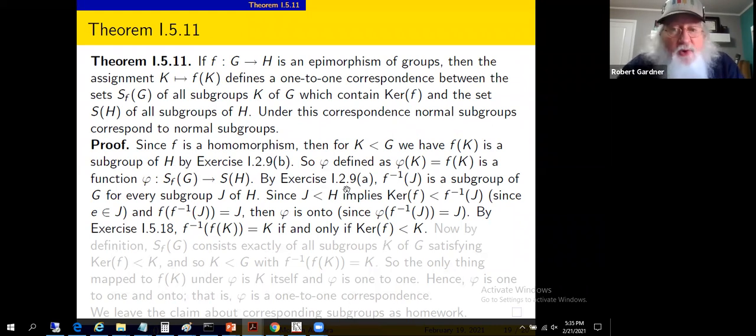Speaking of exercise 1.2.9, part A tells you the inverse image of a subgroup is a subgroup. Just keep an eye on where you are. F inverse image of J is a subgroup of G for every subgroup J of H. So homomorphisms map subgroups of G to subgroups of H. And when a homomorphism exists, inverse images of subgroups of H are subgroups of G. That's what the exercise deals with.